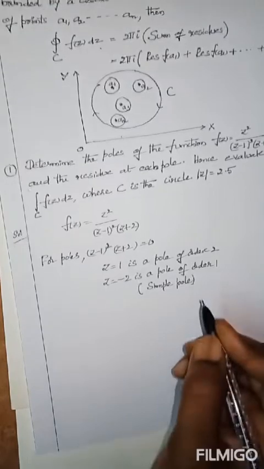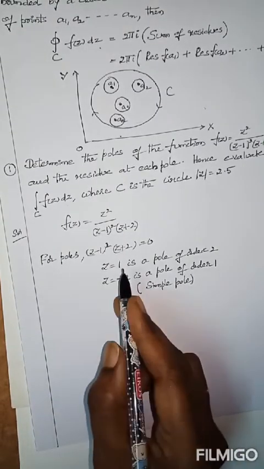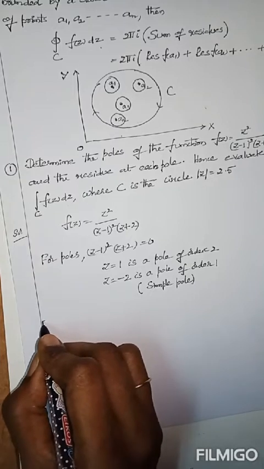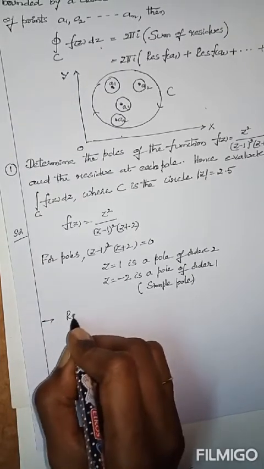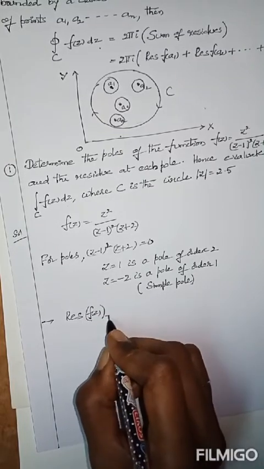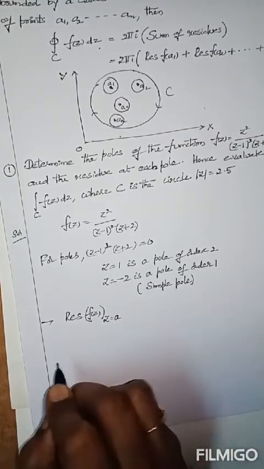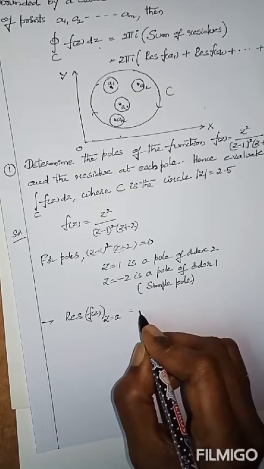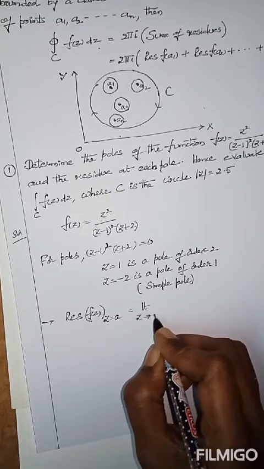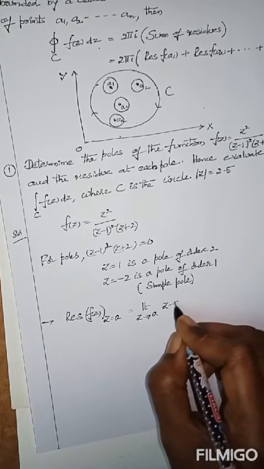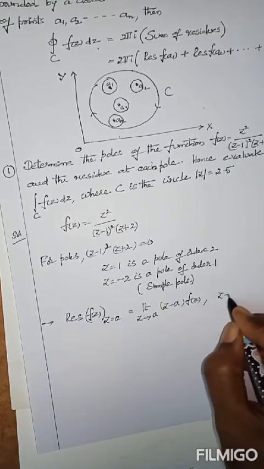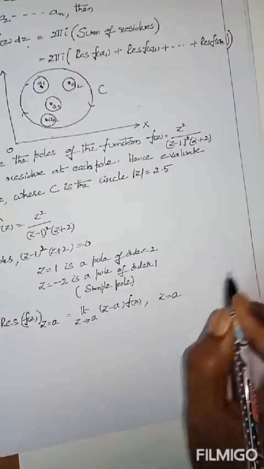After getting the poles we have to find the residue at each and every point. For residues, now the residue of f(z) at z equal to a. Here first we choose the simple pole formula: limit as z tends to a of (z minus a) times f(z), where z equal to a is a simple pole.